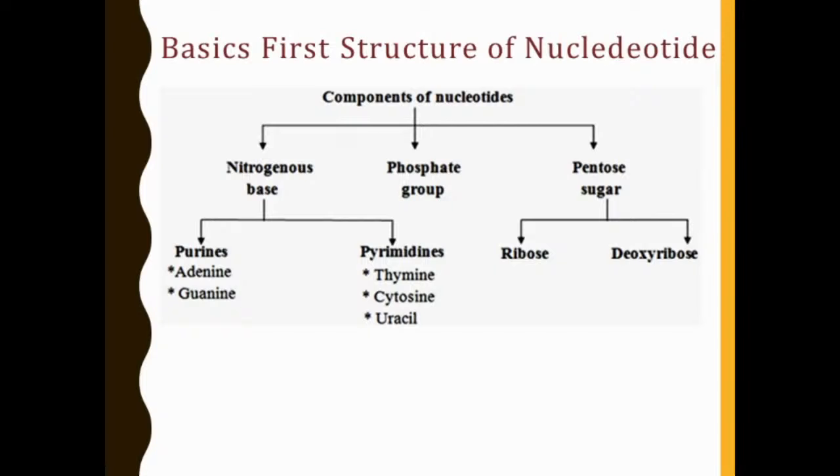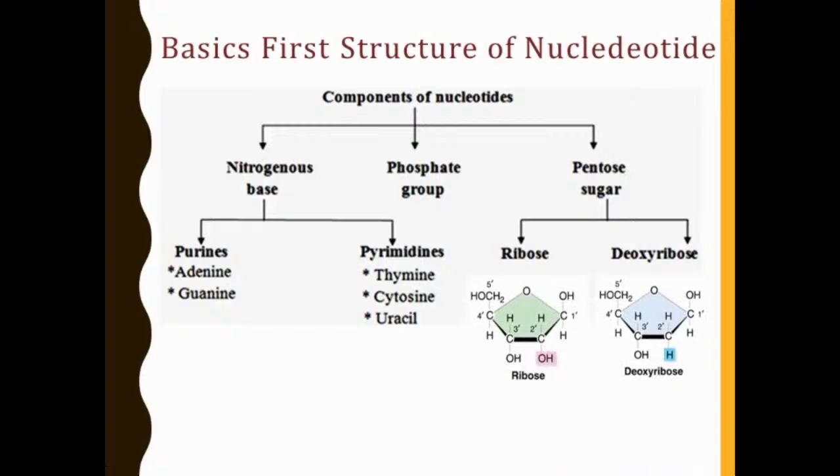Ribose sugar is present in RNA, whereas deoxyribose sugar is present in DNA.